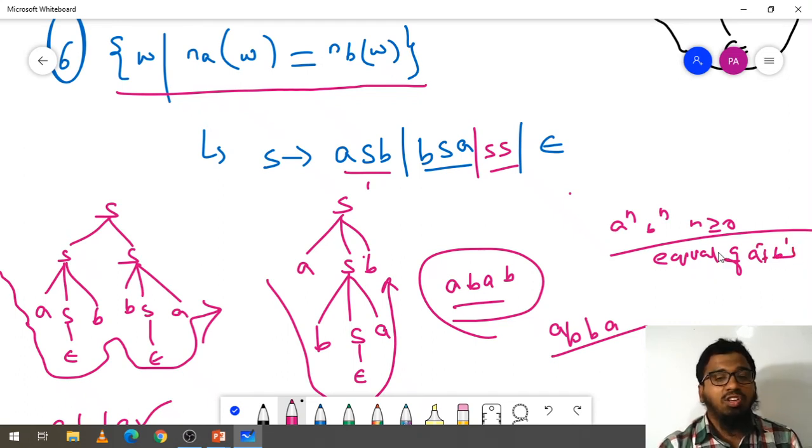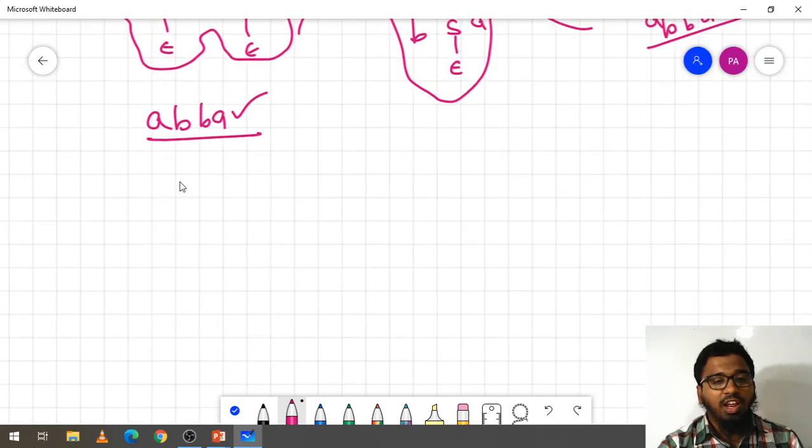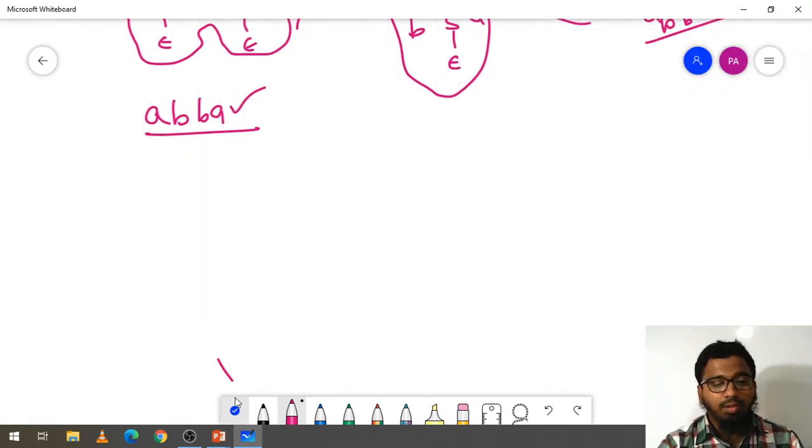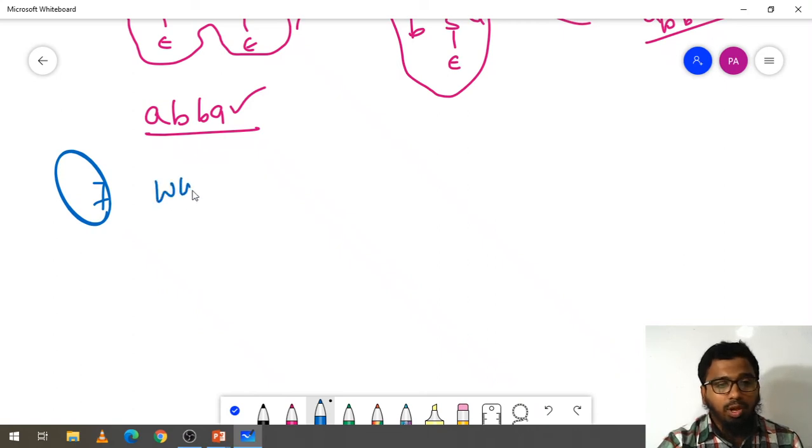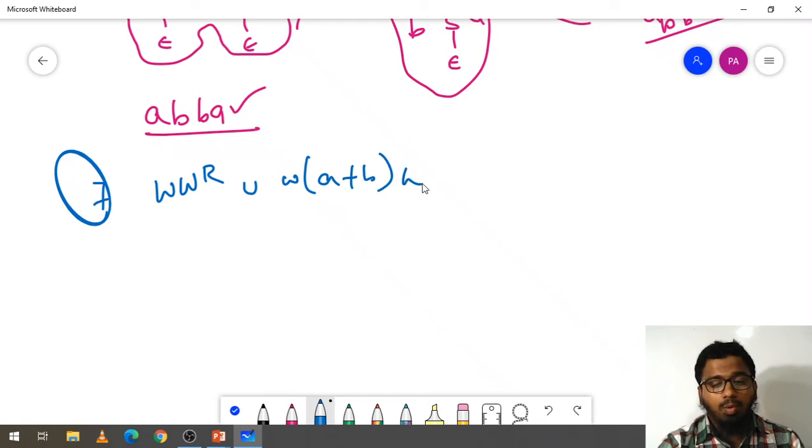Okay, so this is the sixth one. Now we will see the next, the seventh one. In the seventh one, example: W W R union W, A plus B, W R. Here this is a palindrome.